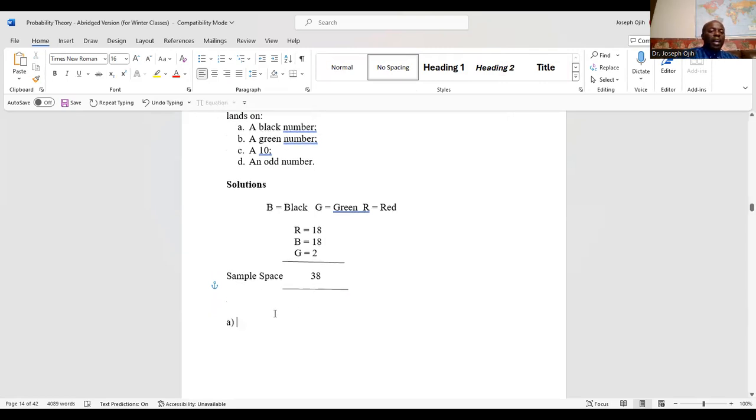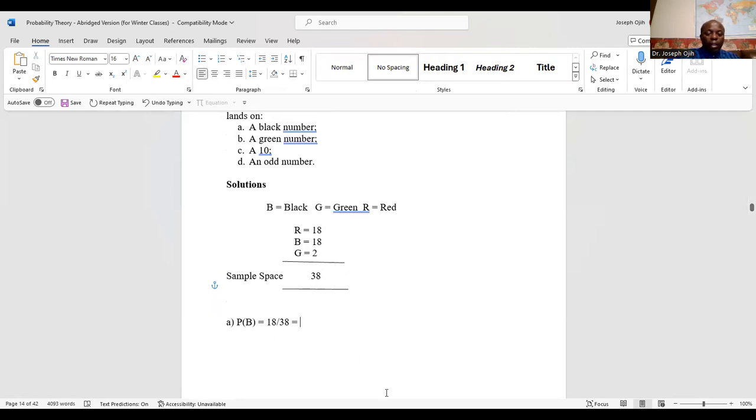For A, the probability that it lands on a black number, which is P(B), pure black. There are 18 blacks out of 38. So 18 over 38.